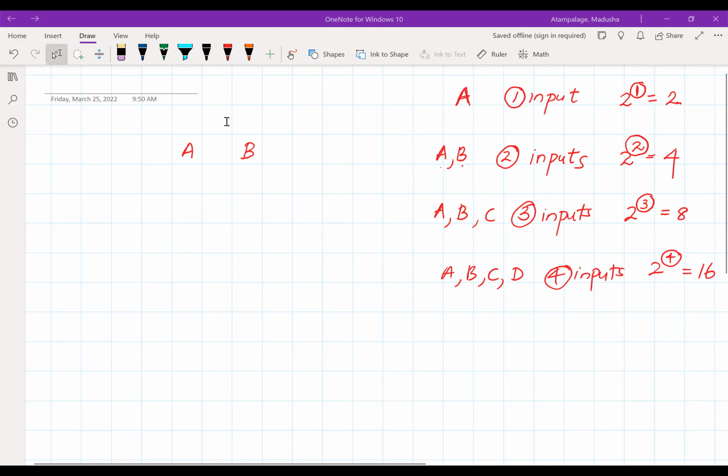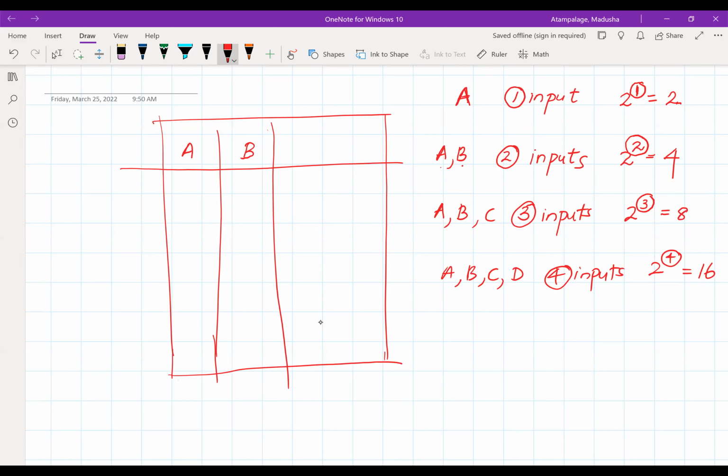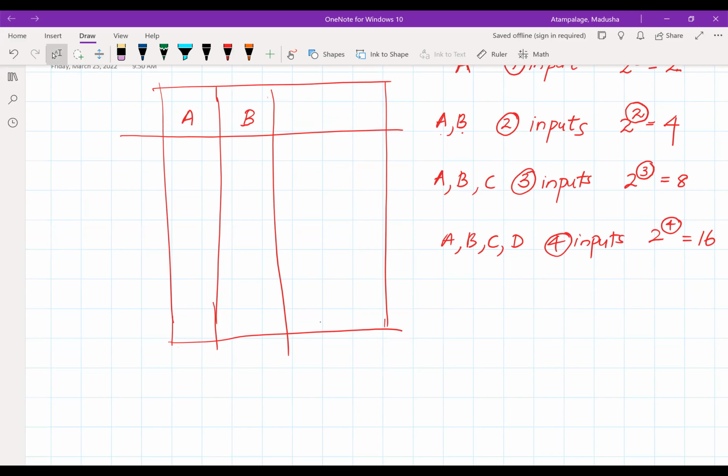Now we are working with 2 inputs, A and B. When we define the possible input combinations, remember that we have two inputs, and we know that we have to define four possible combinations. To represent all those combinations, we can complete this table like this. Start with the last input.